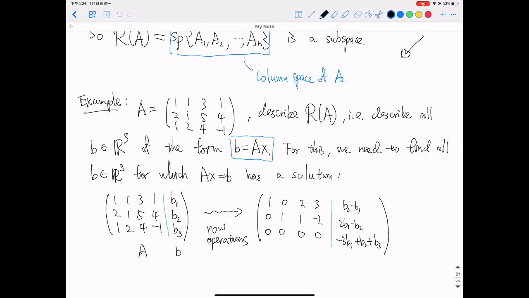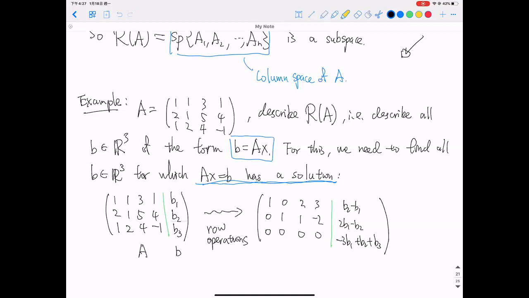But now keep in mind the question is whether this system has a solution or not. And we know how to decide on that: we have to look at the reduced row echelon form. If you have a row in the reduced echelon form which has all the entries zero except the last one, then that system has no solution. Otherwise, it does.